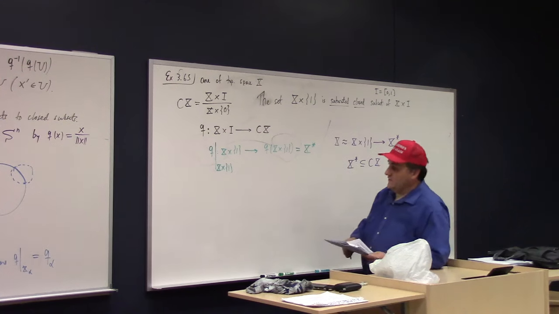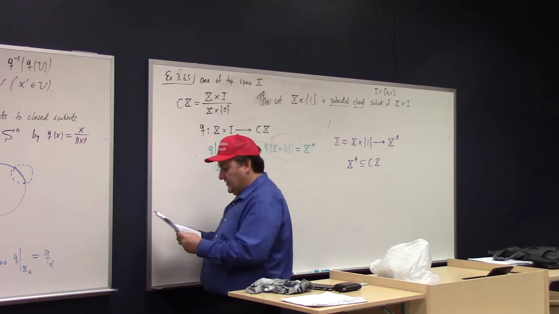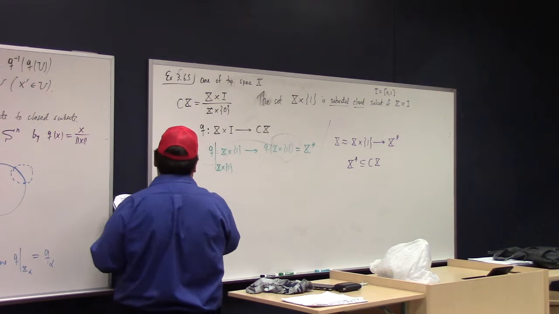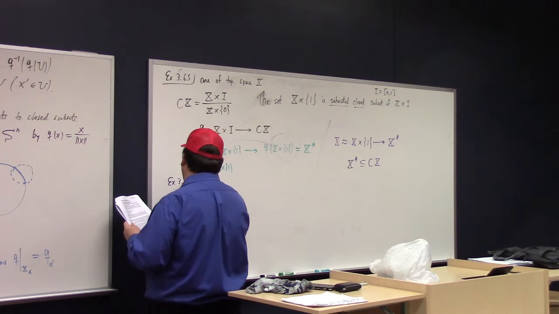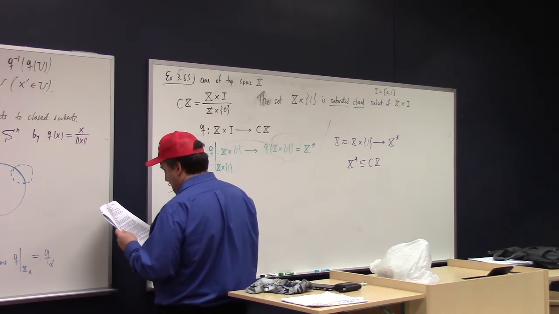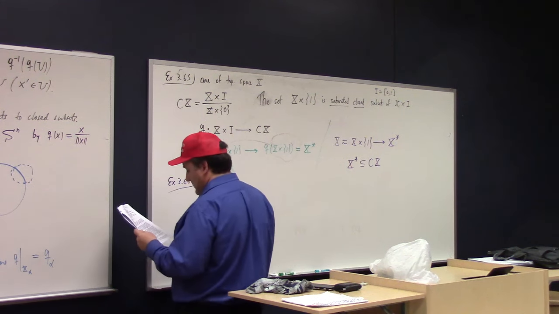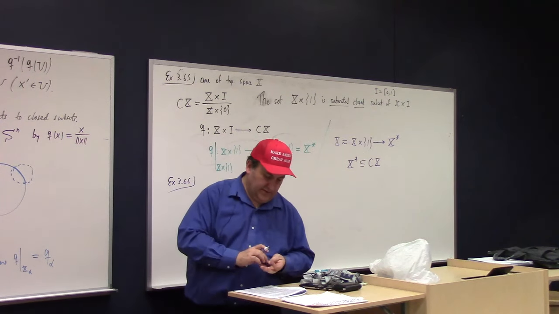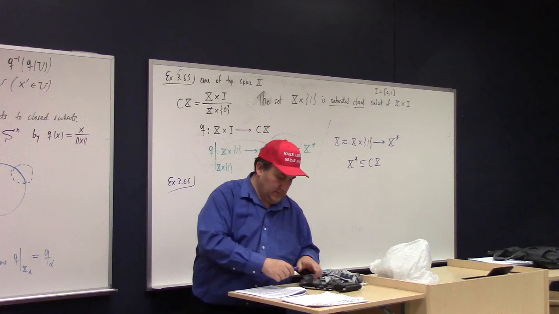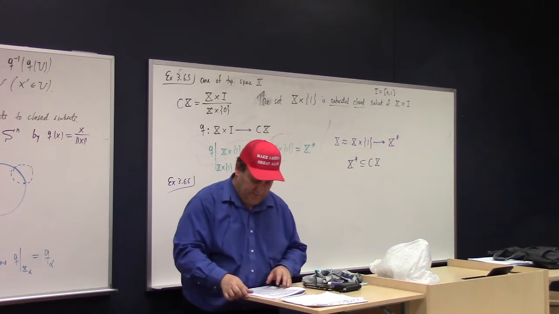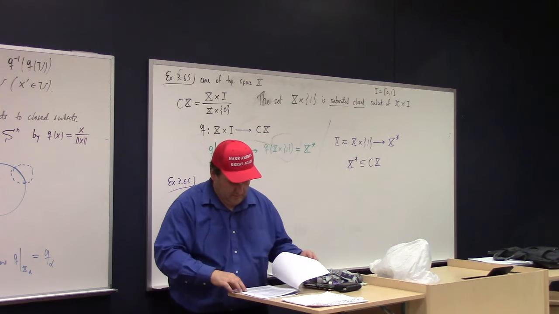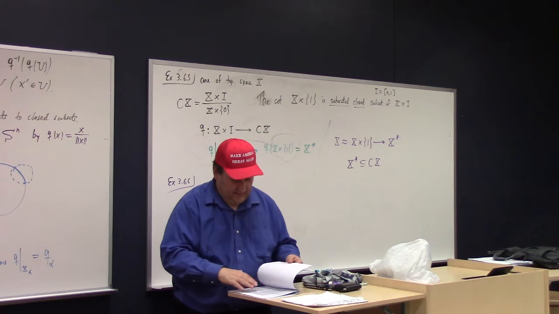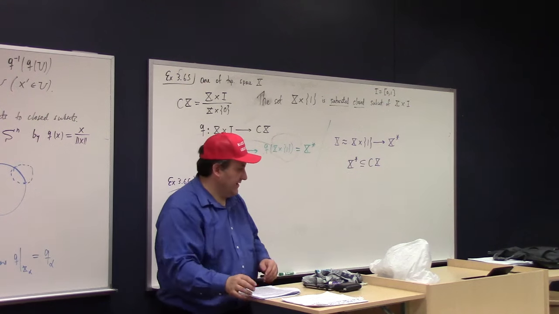So example 3.66, I wish I could draw a picture of this. I don't have a good picture of the cone. Example 3.66. It's got some details in here. I think I better get out the projector at this point.